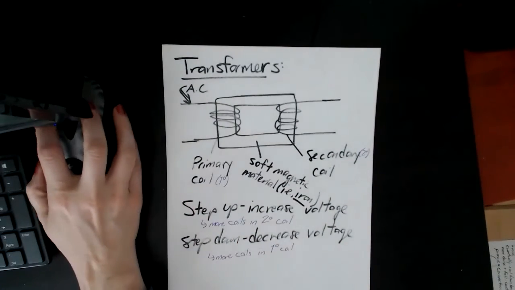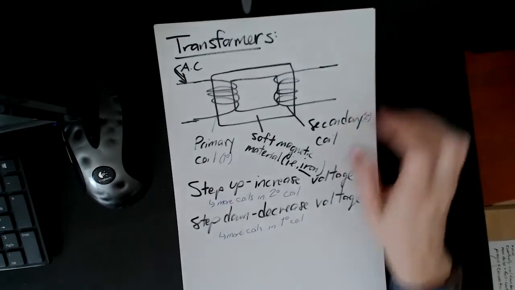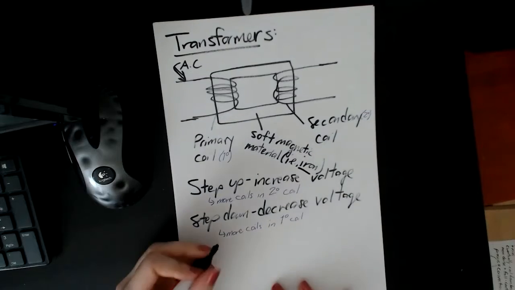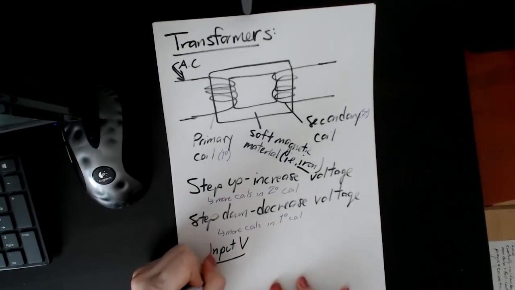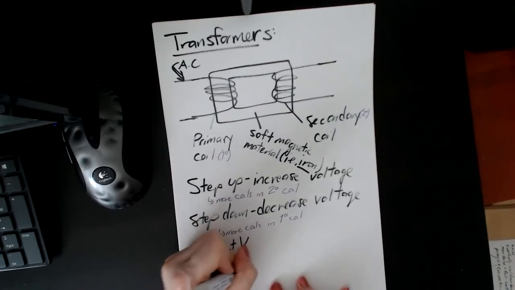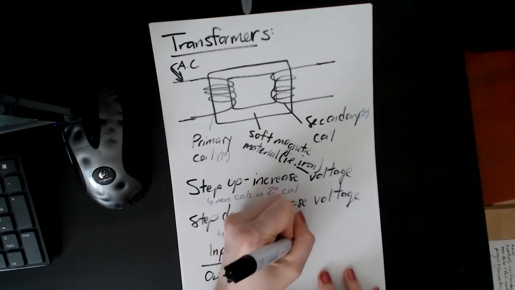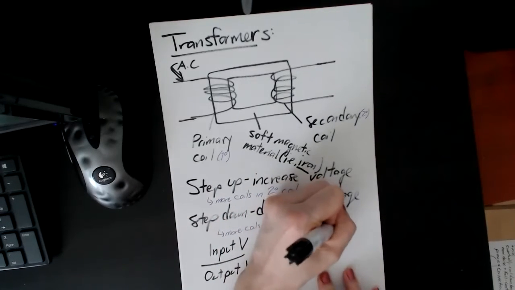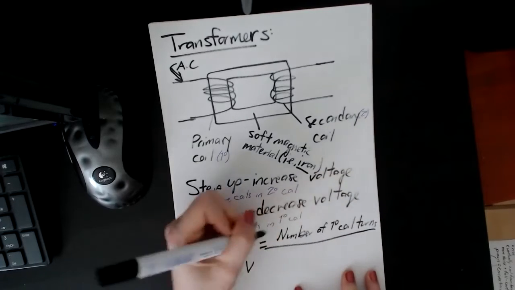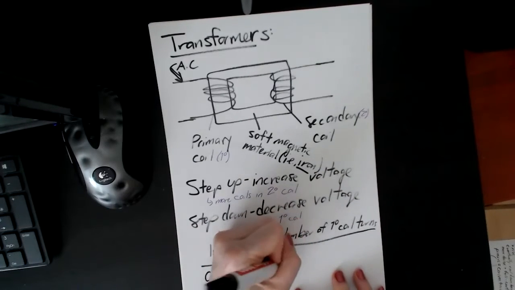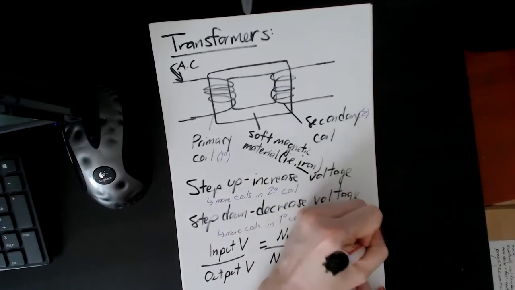You do have to have this equation memorized. The equation is about the relationship between these. The input voltage divided by the output voltage is equal to the number of primary coil turns divided by the number of secondary coil turns.